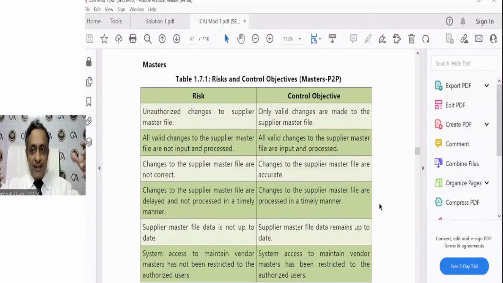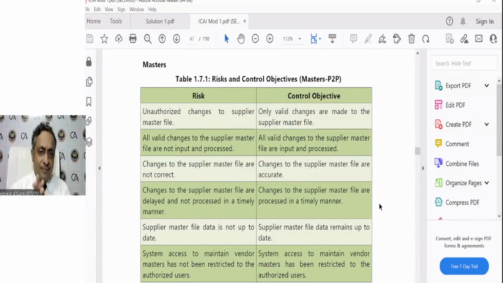Please listen to the question carefully. The supplier till yesterday was a partnership firm. It has converted today itself to a private limited company. You say yes or no, only this much. Would this require change in the master of the supplier as maintained by me?